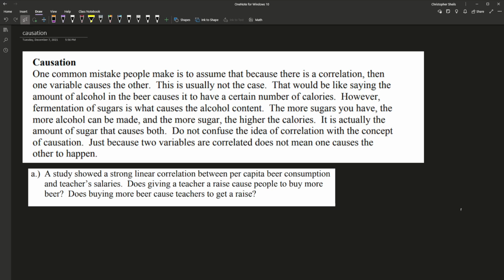Does buying more beer cause teachers to get a raise? Well, no, right? Neither of these things causes the other to happen. This is just a matter of when people have more income, they're more likely to spend it on luxury goods or things that they may not have purchased otherwise, right?